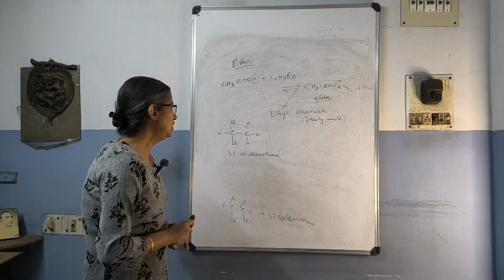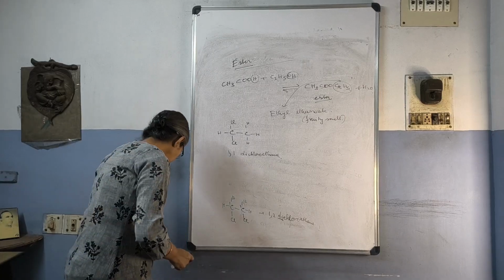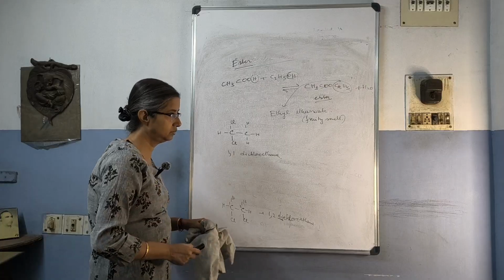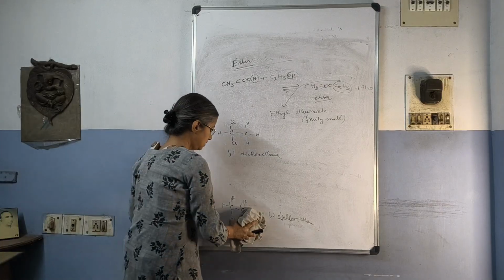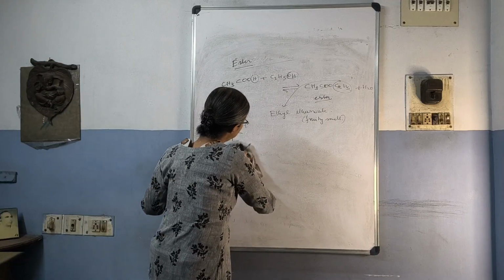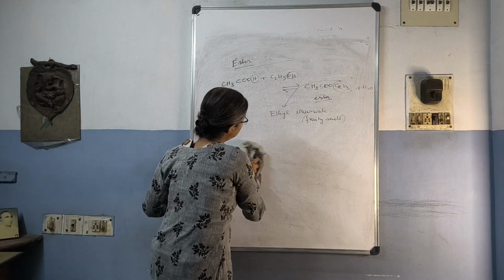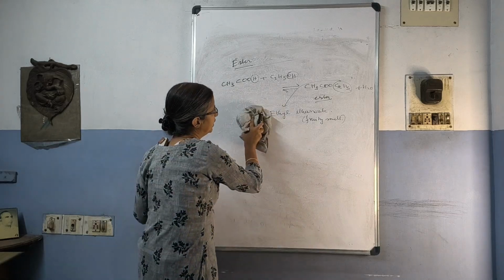So in this way we can go on naming the halides. With chloro we have done this nomenclature. We can do it similarly with bromo.